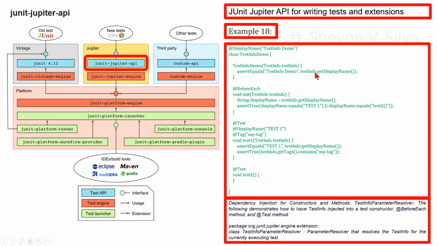TestInfoParameterResolver: if a constructor or method parameter is of type TestInfo, the TestInfoParameterResolver will supply an instance of TestInfo corresponding to the current container or test as the value for the parameter.